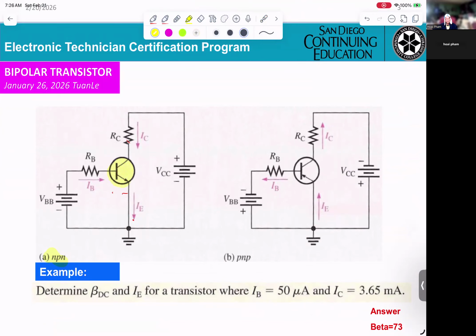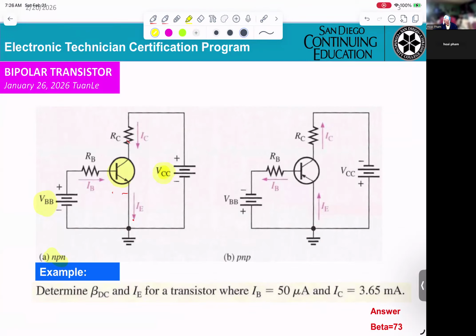Okay? NPN. So, this is RB, the base resistor. And this is the voltage applied. And this is also a voltage applied to the transistor.